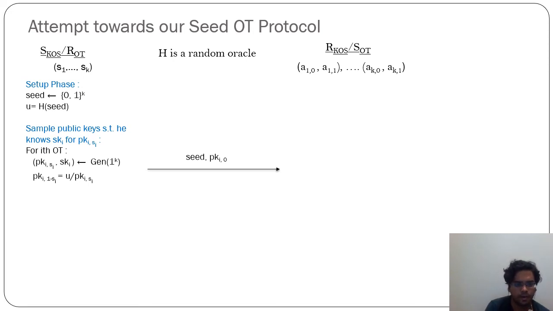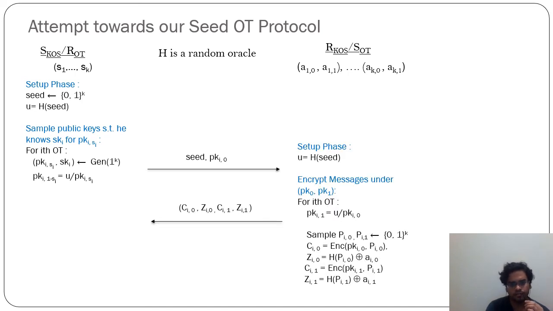Then he samples 2 public keys for each ith seed OT such that he knows the secret key for PKi,Si, that is the Si-th public key, and the other public key is chosen as U divided by PKi,Si. That is, the 2 public keys when multiplied should result in U. Then he sends the seed and the PKi,0.